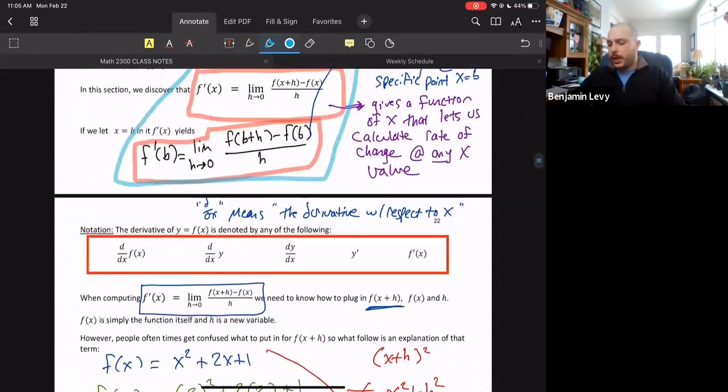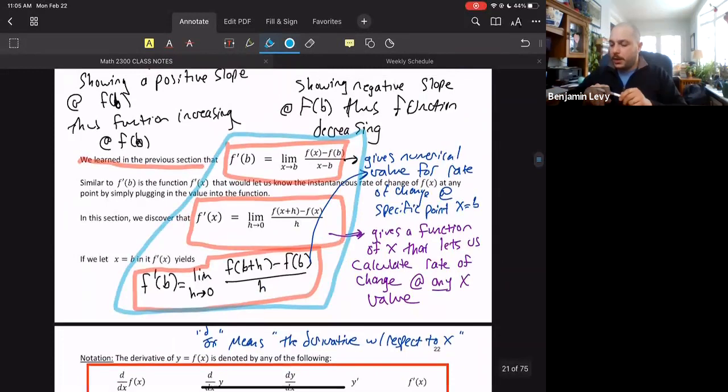So let me just remind you too that there's three different versions of it, right? The first and the third one have a b in it. Let me go ahead and highlight that here. Right, this one has a b in it, and this one has a b in it. And so those two were telling us numerical values for the instantaneous rate of change, whereas the middle version, the f prime of x, has an x in it, and so it's going to be a function, right?